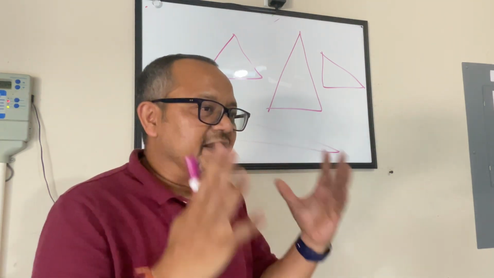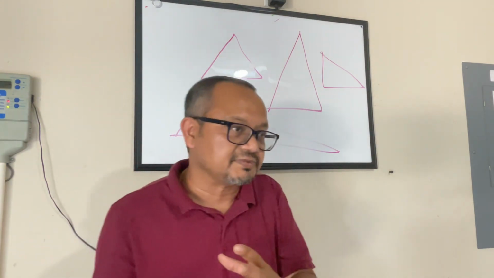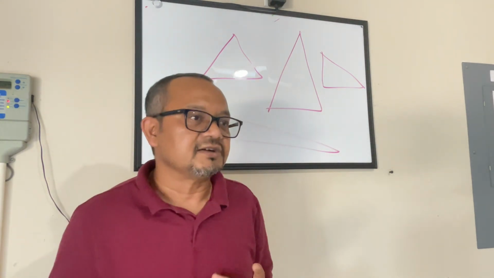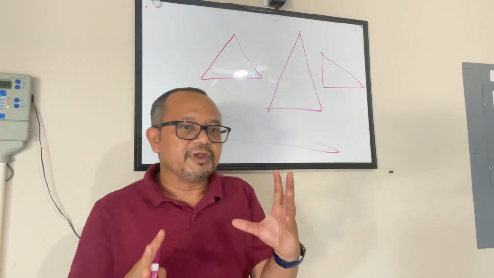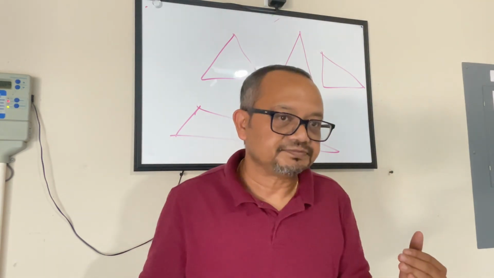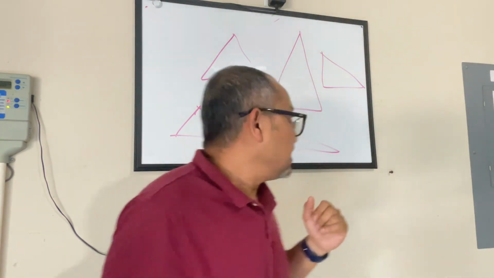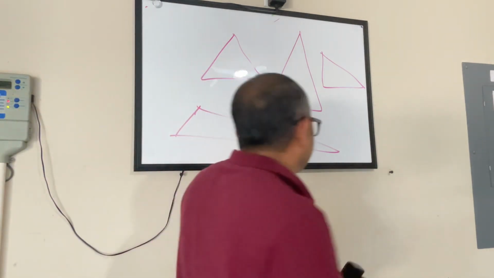So, how do we categorize triangles or classify them into different types based on certain criteria? That makes us sure about how we can form our understanding of triangles and how we deal with that. Now, when you look at a triangle, what are the basic properties of a triangle that we know about?